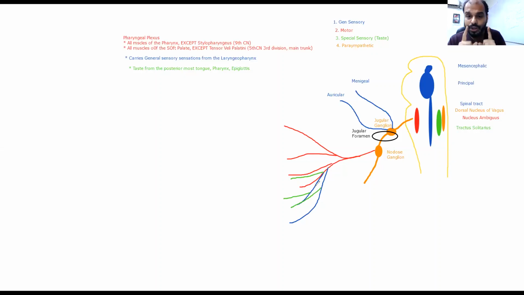As most poisons are usually bitter in taste, the creator of humans made this nerve carry taste from the posterior most part of the tongue, so that if someone by accident consumes some poison, this nerve gets irritated and results in irritation of the pharyngeal muscles, and there will be a gag reflex, so that the odd tasting poisonous thing may be ejected from the body.